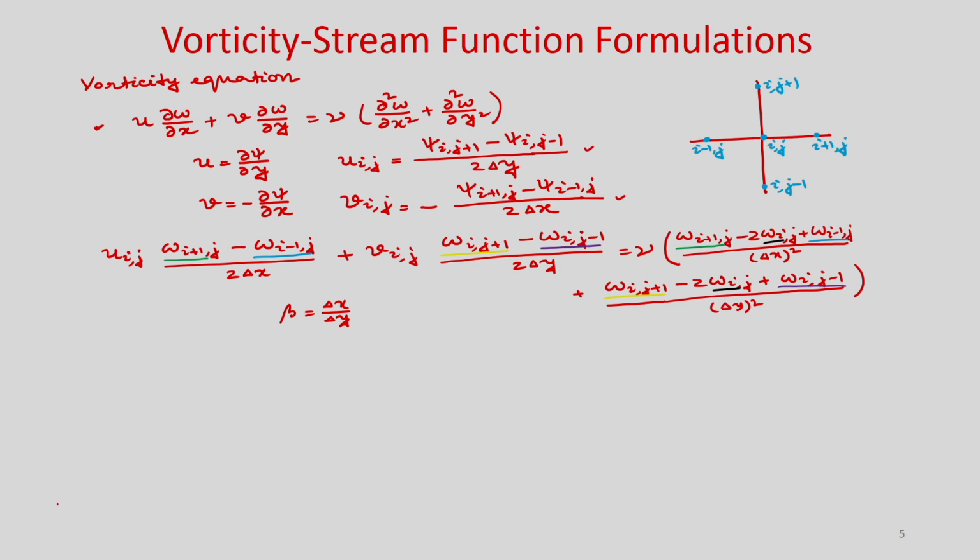Multiply both sides by delta x square, so that we can write in terms of beta.